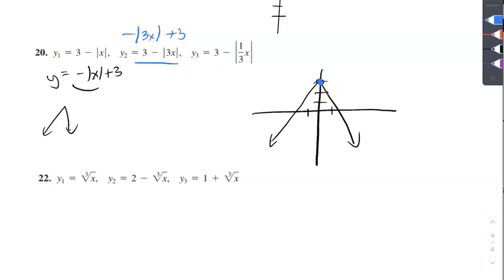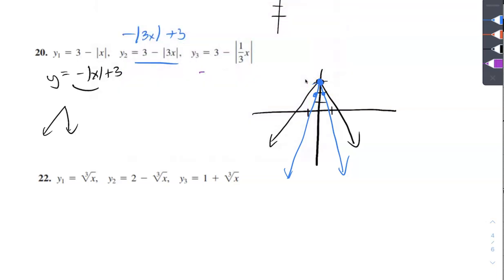So it's kind of like this. Then we'll go over a third and down 1. So it looks like that. Because that's a horizontal shrink. We shrunk our x's by dividing by 3. So normally you go over 1, down 1. But in this case, since we're dividing our x's by 3, we're going to go over a third and down 1. It looks something like that.